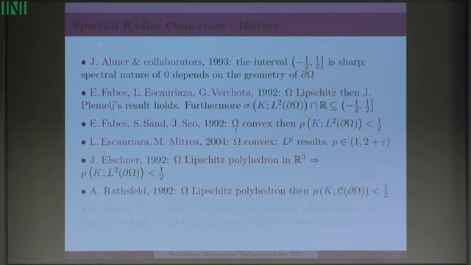Achner has shown some really nice examples showing that the entire range -1/2 to 1/2 for the point spectrum is sharp, so everything is in there, and that the very spectral nature of a single point can change with the domain. A point may be in the essential spectrum, or maybe in the continuous spectrum but not in the essential spectrum, should you change the domain. So it's a problem that is very sensitive both to the analysis and to the geometry.